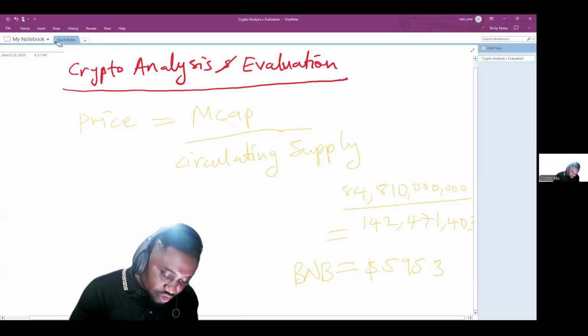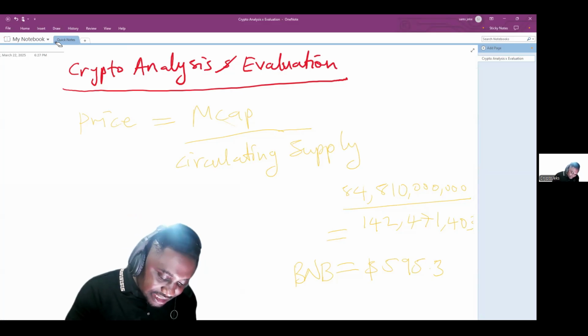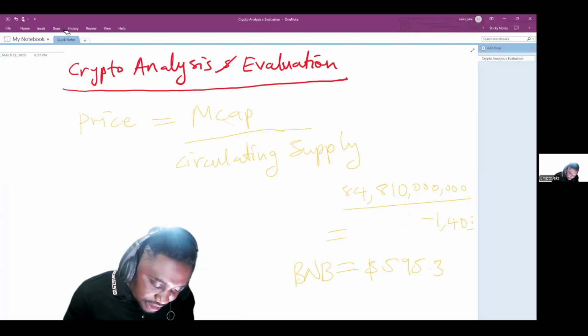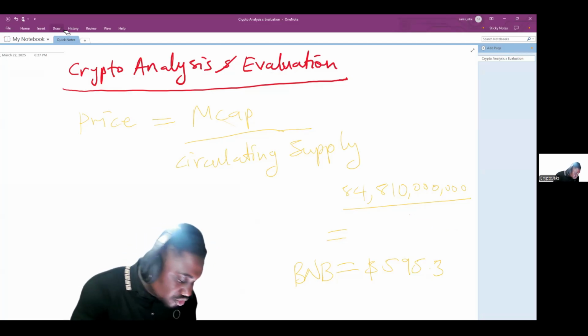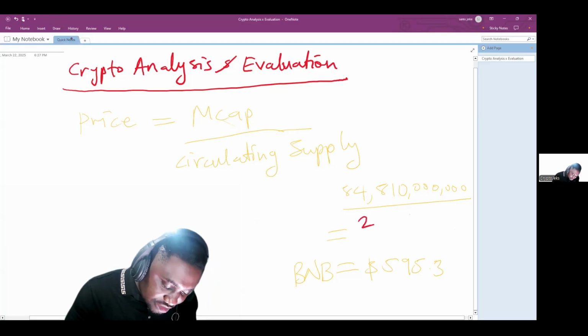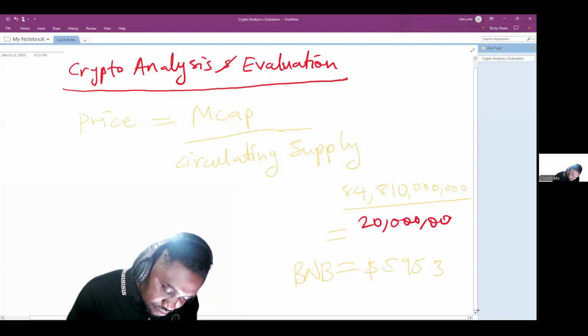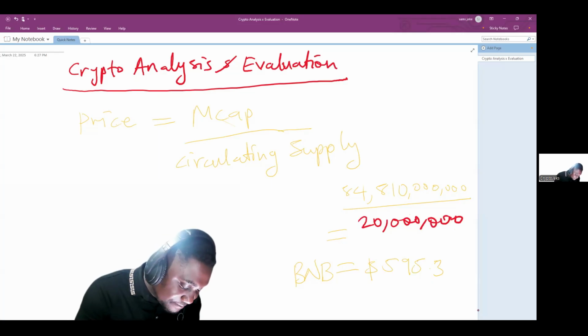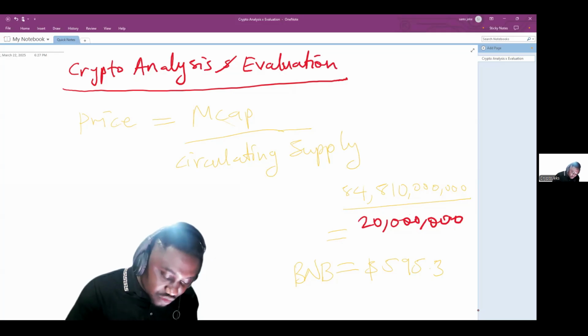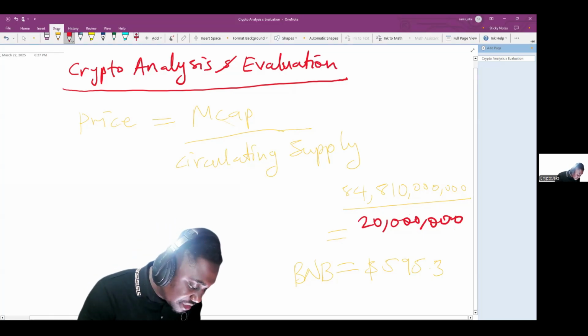So what we are saying now is, let's leave the market capitalization and change this circulating supply to 20 million as an example. Let's assume that it is 20 million and not 147 million, the circulating or total supply of BNB.